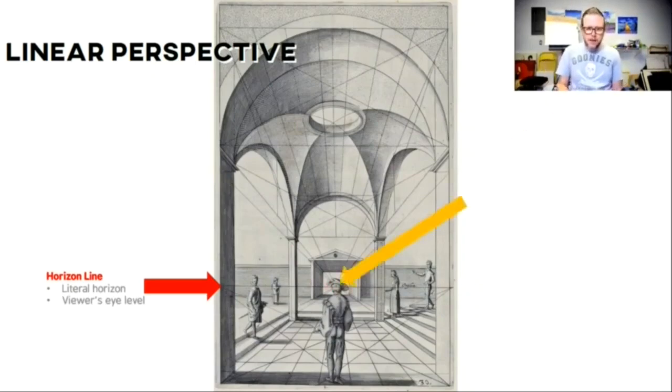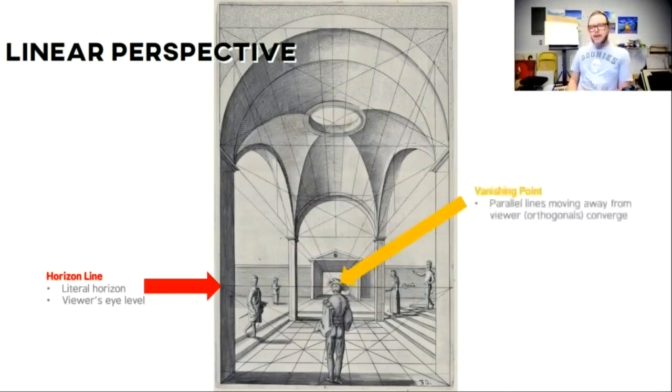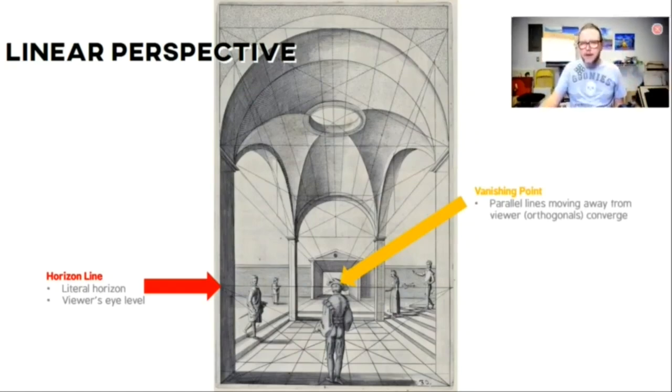Right? Then, right there, that dot that you can sort of see on the horizon, that's referred to as the vanishing point. This is the point where parallel lines that are moving away from the viewer, which will be called orthogonals, converge. It's the point that things that are moving away from you would eventually meet out there on the horizon.